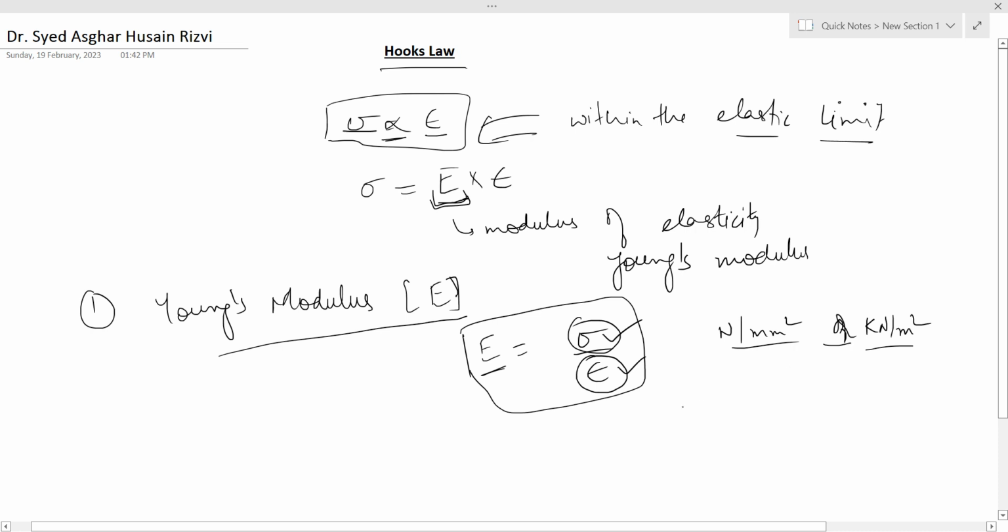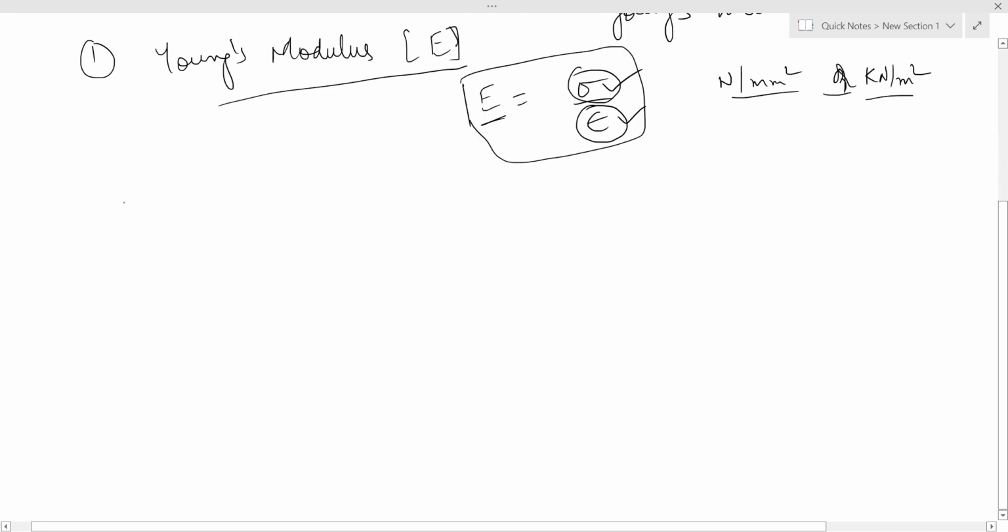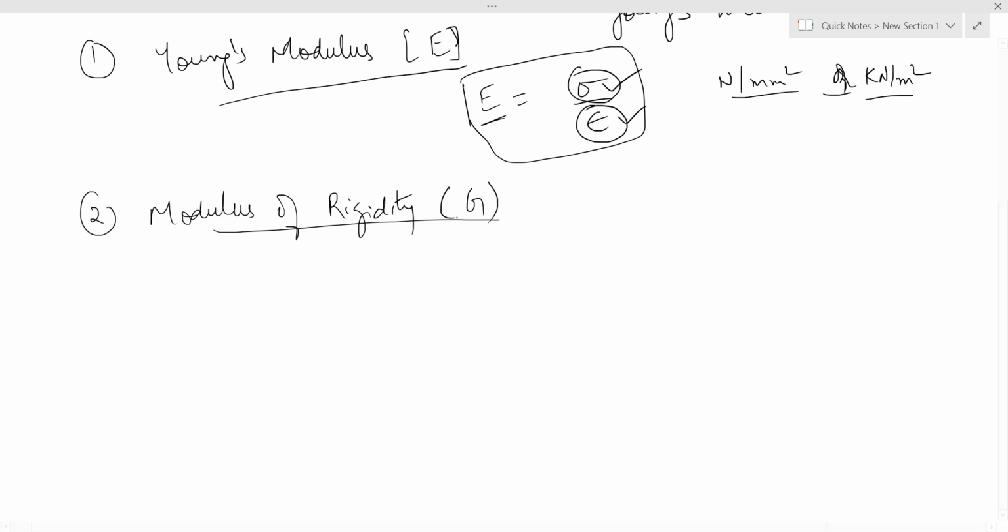The second type of modulus is modulus of rigidity. It is denoted by capital G. This occurs in the case when the body is subjected to shear force, and it is the ratio of shear stress and shear strain within the elastic limit.